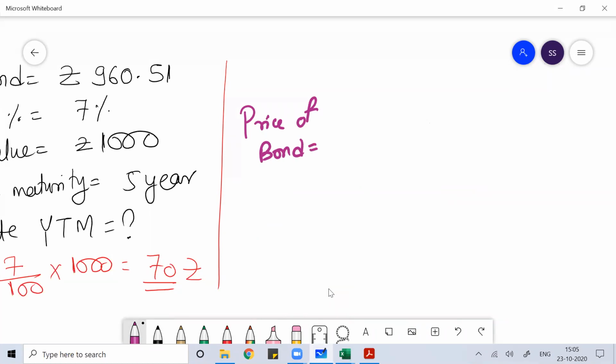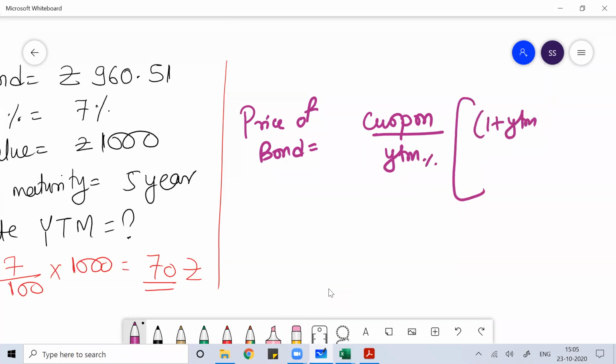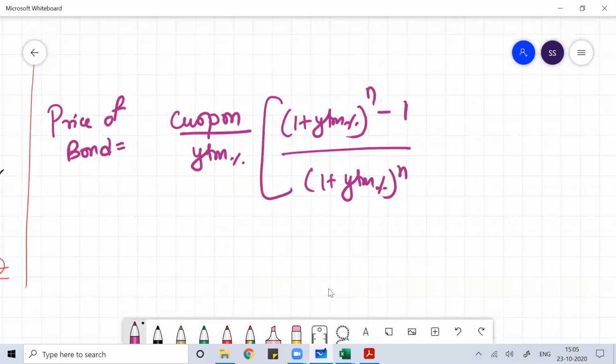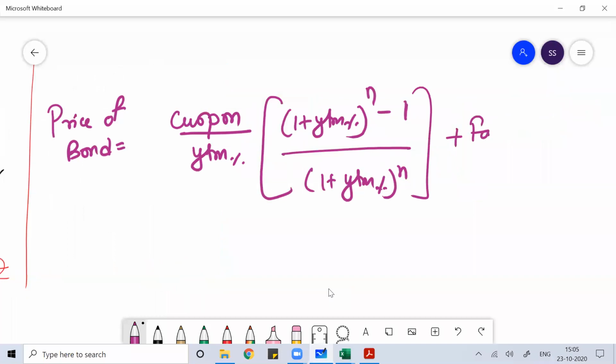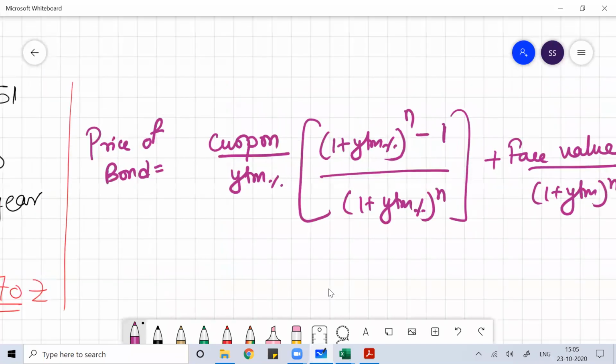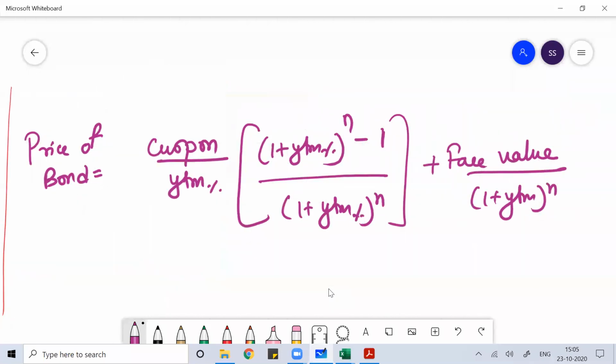The price of bond is coupon divided by YTM, where YTM is in percentage, multiplied by (1 plus YTM) to the power n minus 1, divided by (1 plus YTM) to the power n, plus face value divided by (1 plus YTM) to the power n. We use this formula for the price of bond.